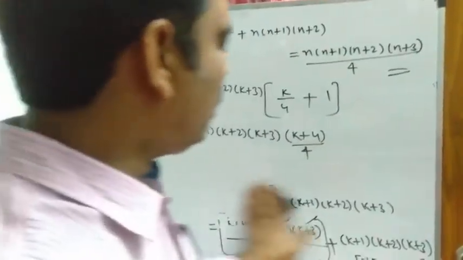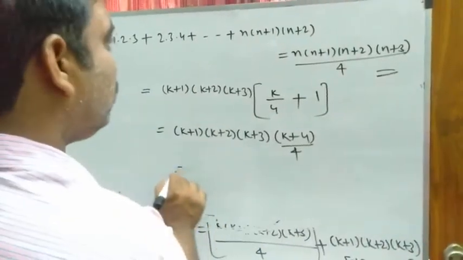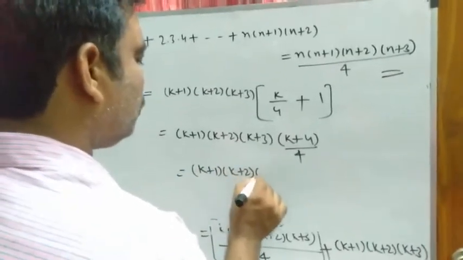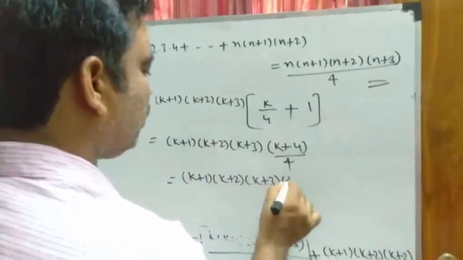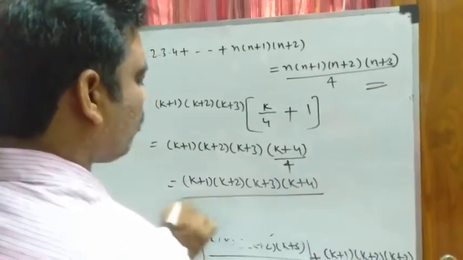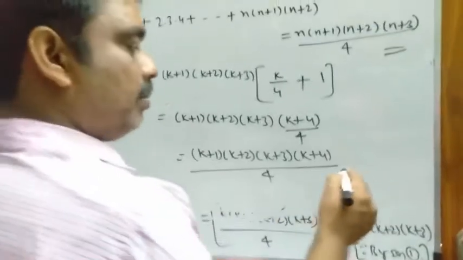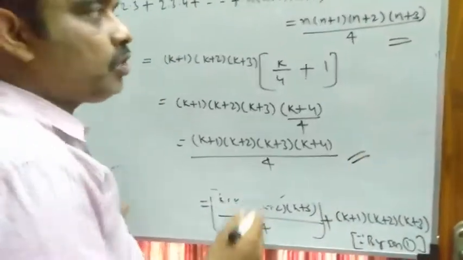So this is equal to k plus 1 into k plus 2 into k plus 3 into k plus 4 by 4. So what can we say here? The theorem is true for k plus 1 also, if it is true for k.